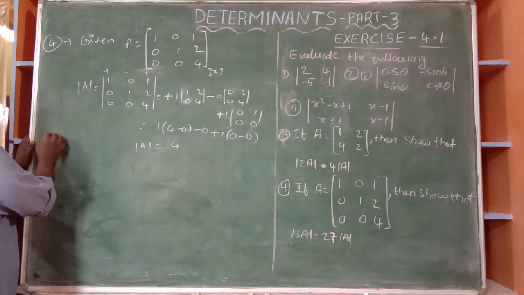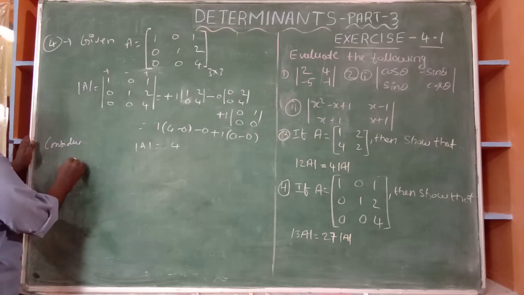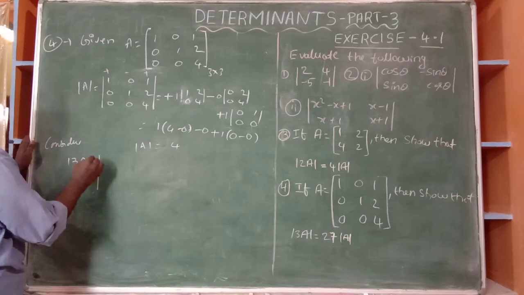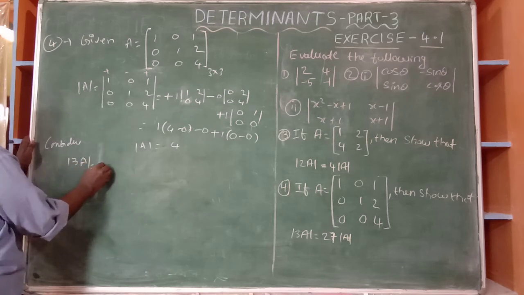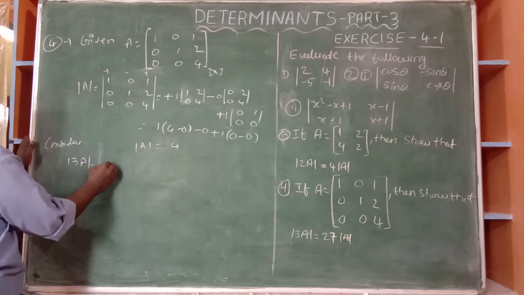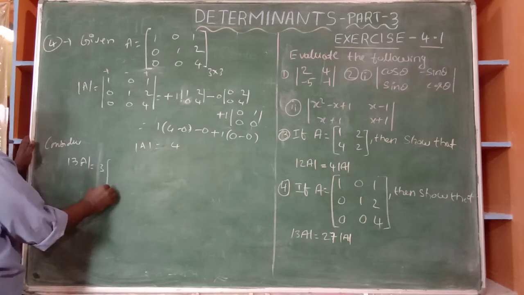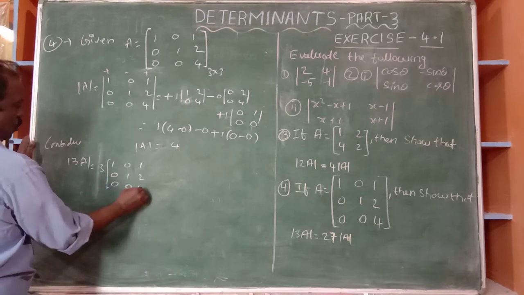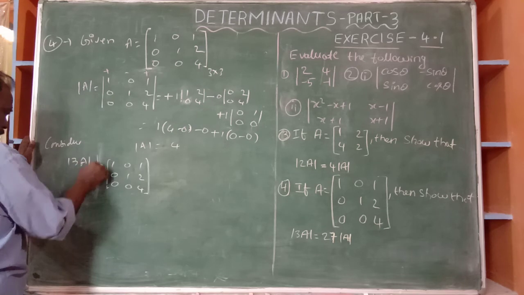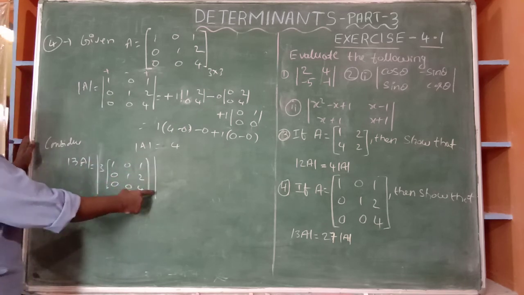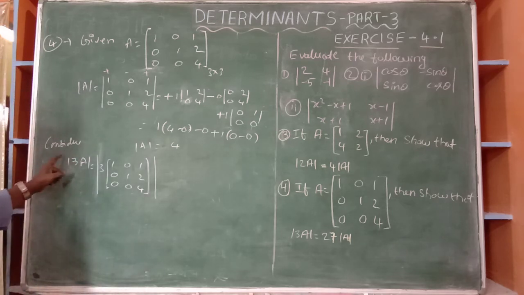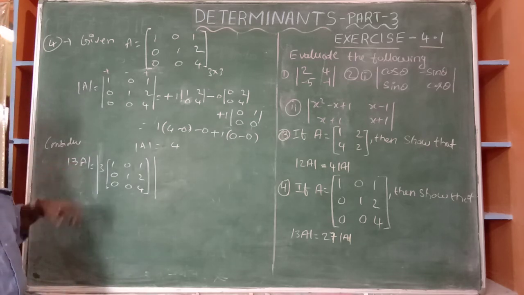Now consider 3A. What is 3A? It is 3 into the matrix [1, 0, 1; 0, 1, 2; 0, 0, 4]. This is the matrix with determinant. Like that we may follow. 3A with modulus, directly I am taking 3A with modulus.